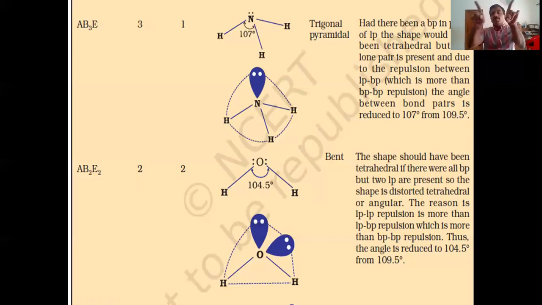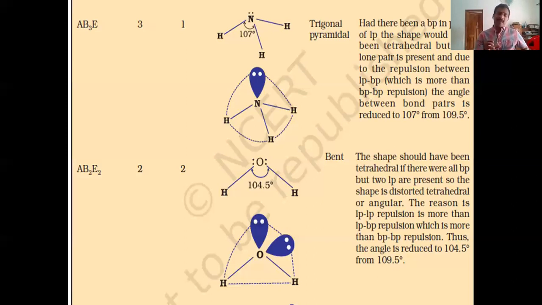These 2 lone pairs will repel each other strongly. As a result, what happens? The bond pairs will come close to each other. They will be closer. As a result, the bond angle reduces from 109 degree 28 minutes to 104 degree 30 minutes.